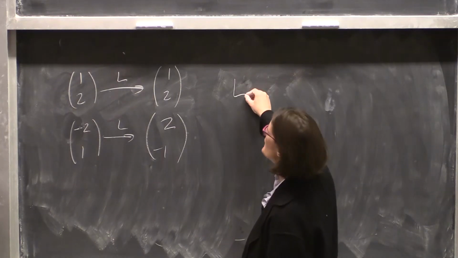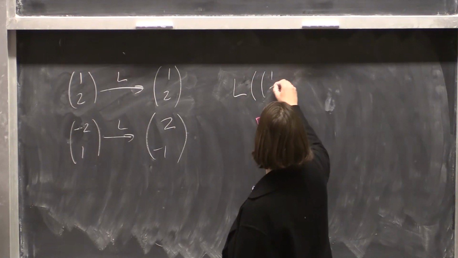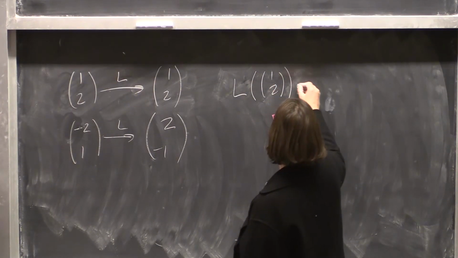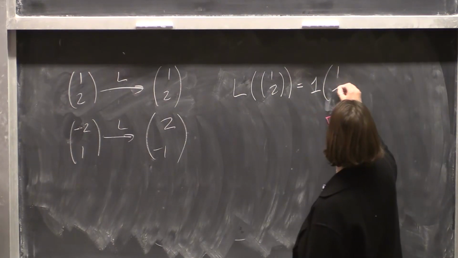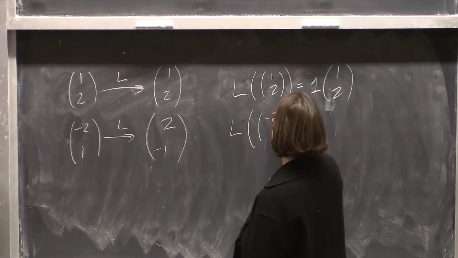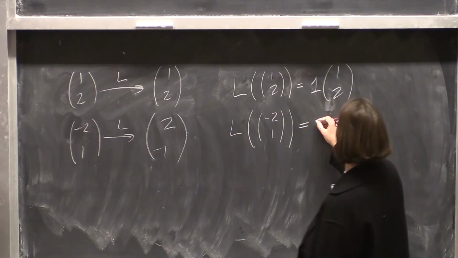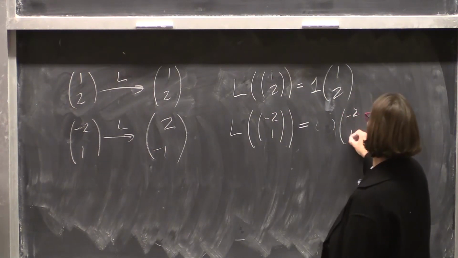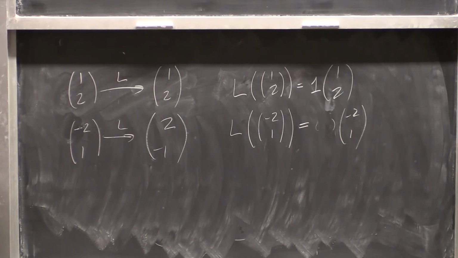So that means that L of (1, 2) is equal to 1 times (1, 2), and L of (minus 2, 1) is equal to something times (minus 2, 1). What is it? Minus 1.